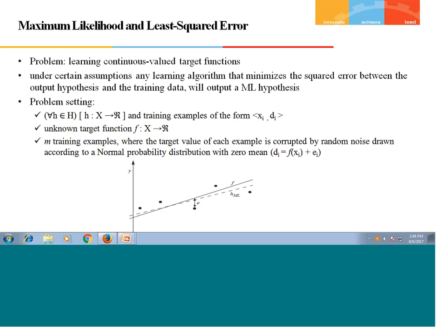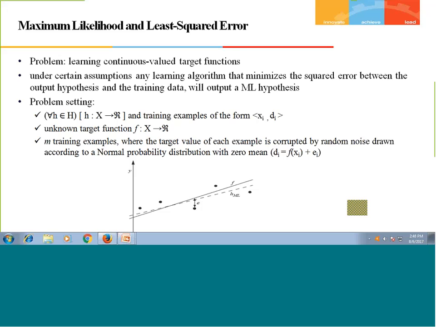I already explained this example in my previous slide, but with a different perspective we will see here that let's say I have some algorithm and I want to minimize the error in it.